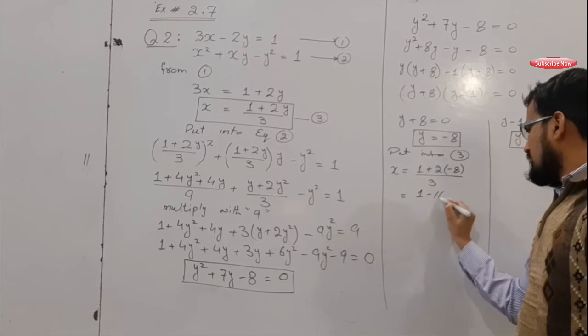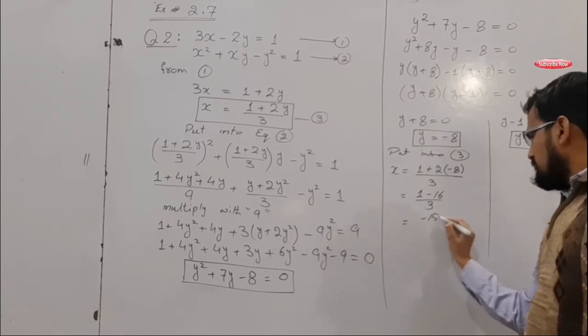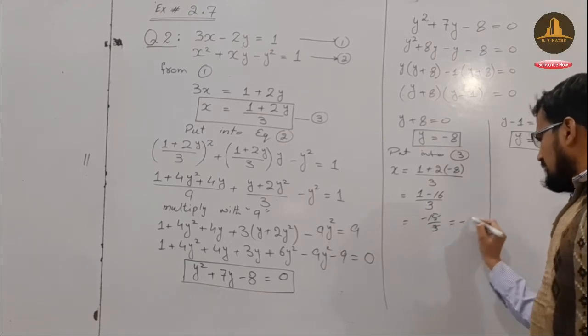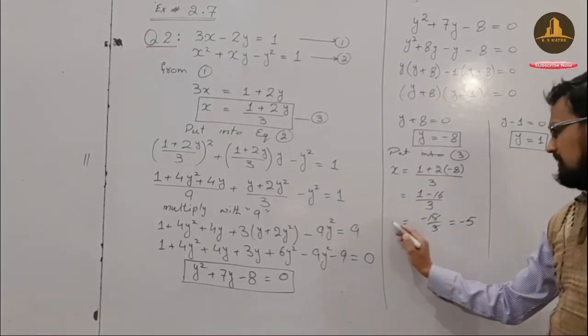It becomes 1 minus 16 over 3, which is minus 15 over 3. Students, cancel and it becomes minus 5. x is equal to minus 5.